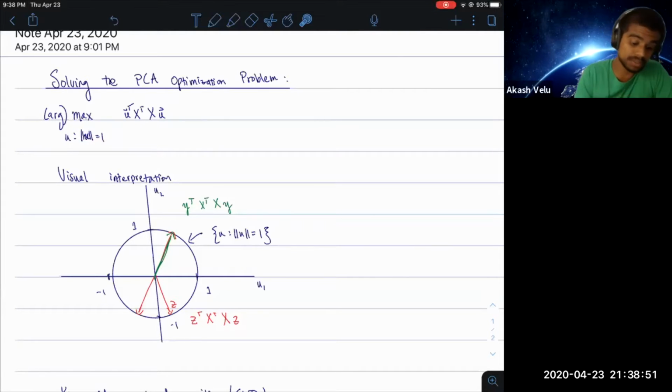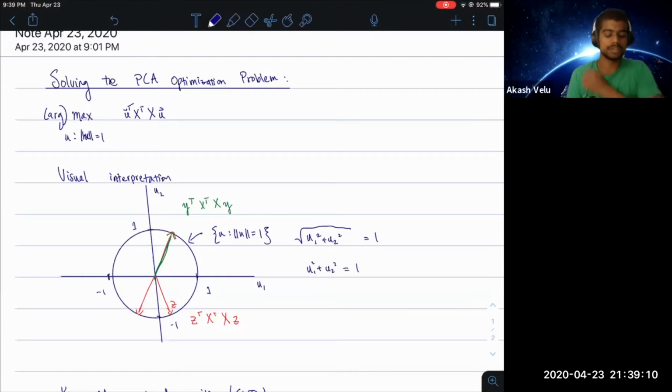So let's visualize what this looks like in 2D space. Constraining the norm to be 1 is basically saying that the square root of U1 squared plus U2 squared is equal to 1, right? That's the definition. So if we square both sides of this equation, we get that U1 squared plus U2 squared is equal to 1, which is the equation of a unit circle in 2D space.